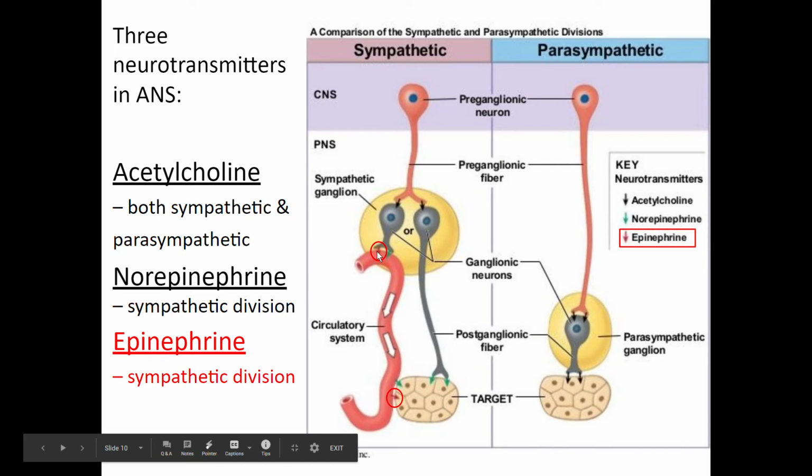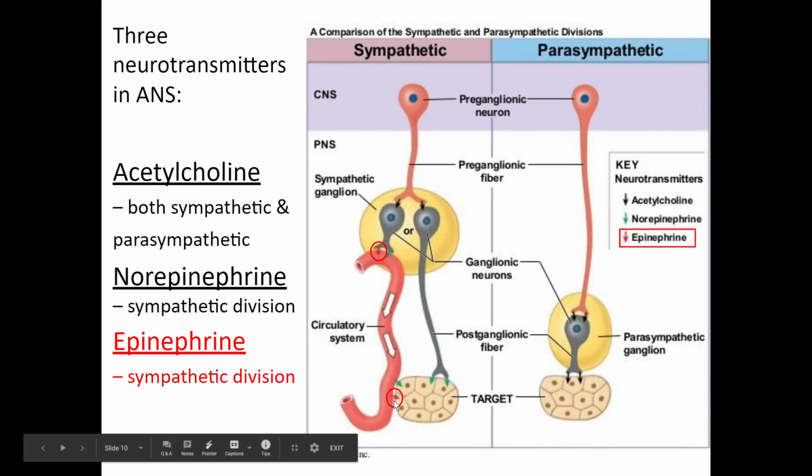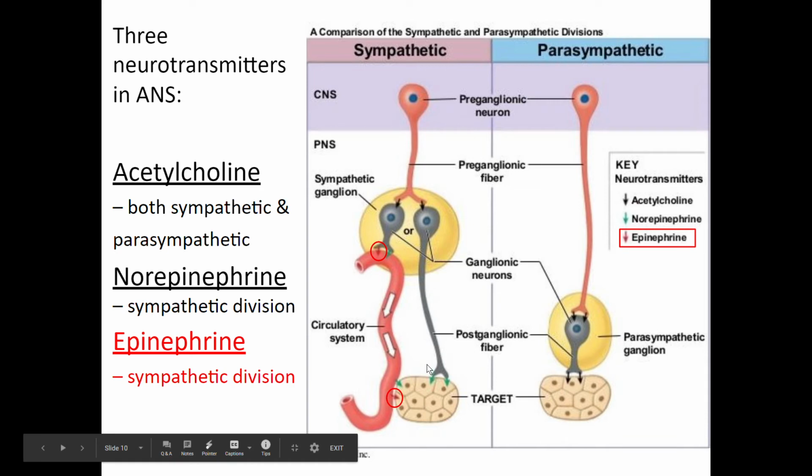So same thing as before, epinephrine can be utilized by the sympathetic nervous system, which releases it into the bloodstream, and then it's used to activate target tissues. It leaves the blood and activates target tissues throughout your entire body.